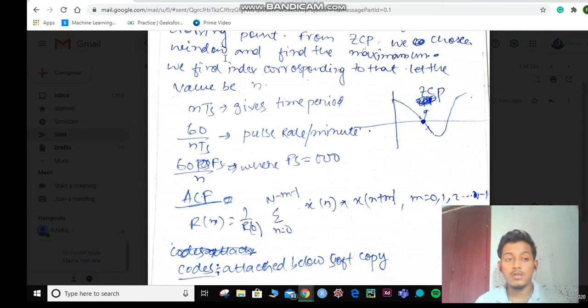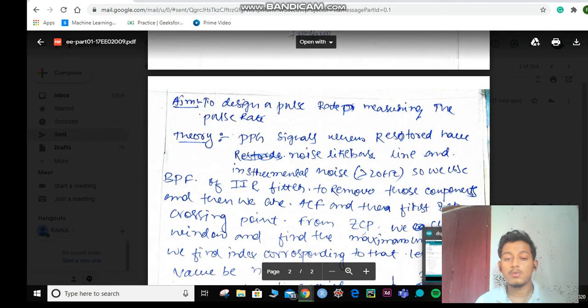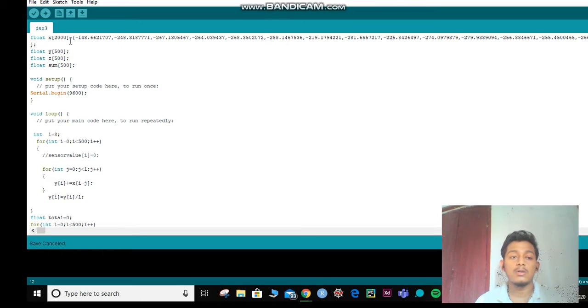So now if we head towards the code, it will look like this. Like this you have to give the samples, what samples are present in it. And now we have to find y of t, and this will be z, and some intermediate variables.